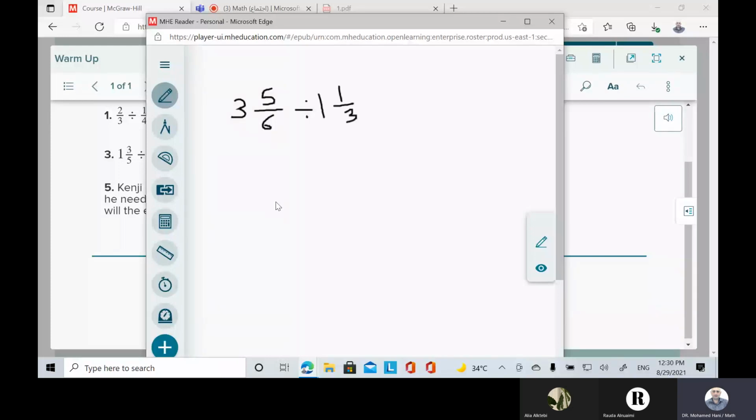What is your answer? What is your answer here? Try to solve it.